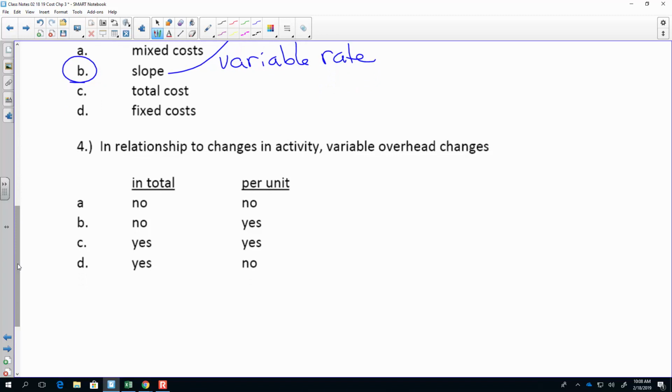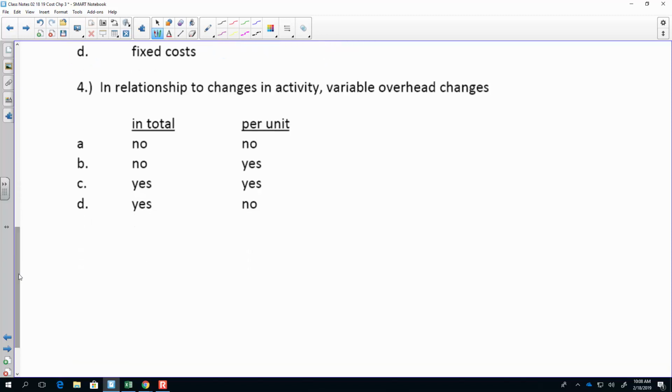Diane. I love this question. This is how we could do this in a multiple choice question very easily. We're looking at variable overhead, right? In total, it behaves a certain way, and in per unit, it behaves a certain way.